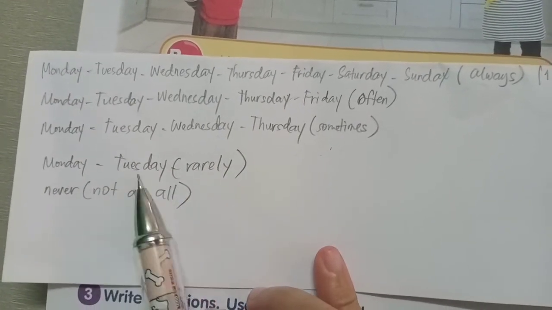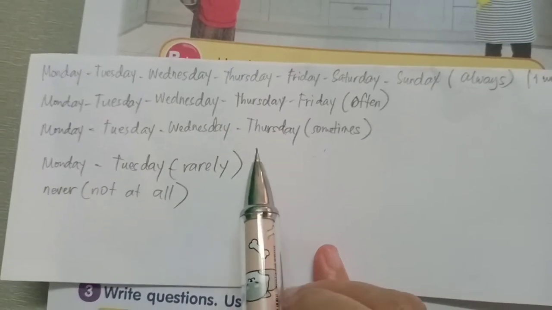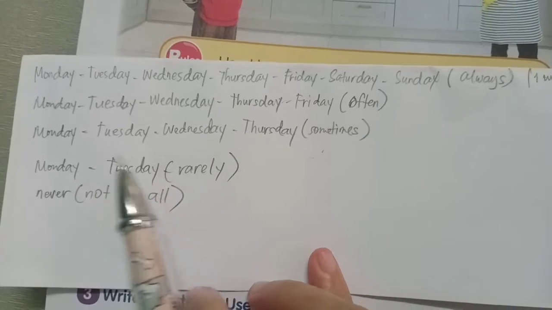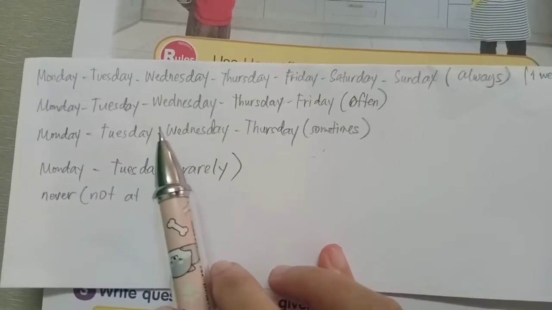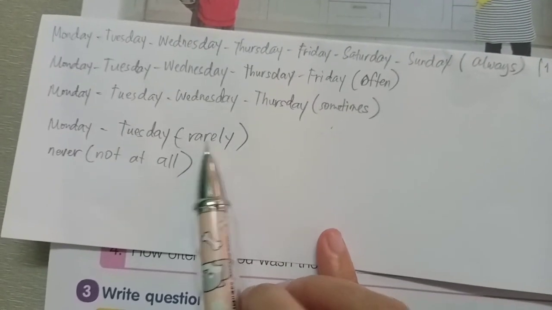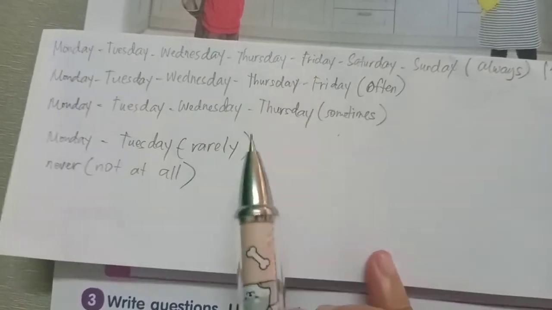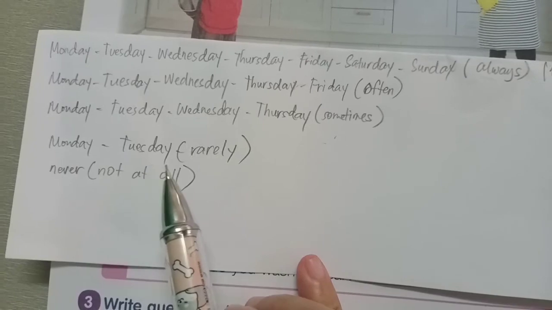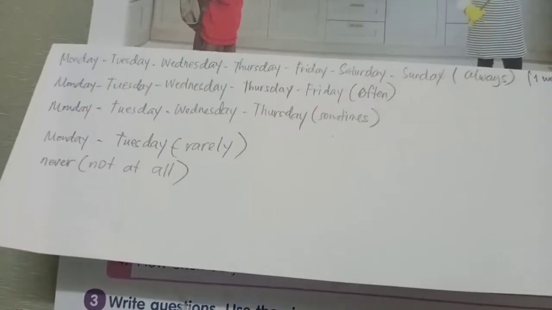Rarely means 2 times in a week or 1 time in a week. So maybe only Monday, or maybe only Tuesday, or maybe both. So you use rarely. But if you are going to say never, never means not at all. So you're not doing it at all. So that's the meaning.